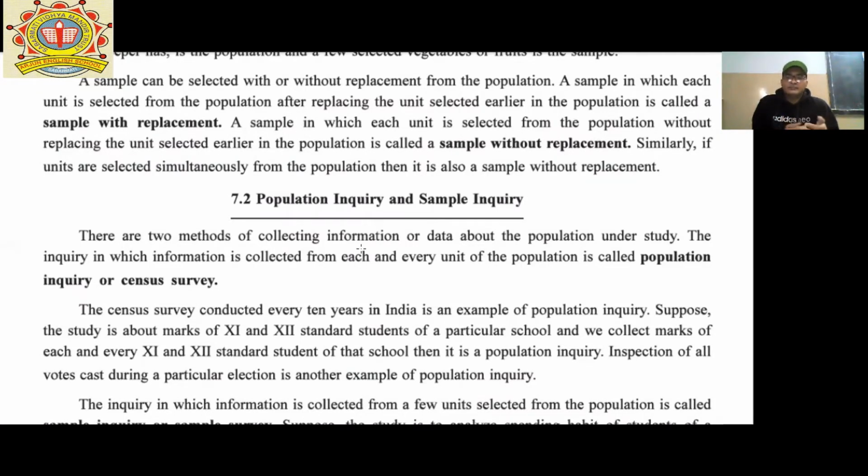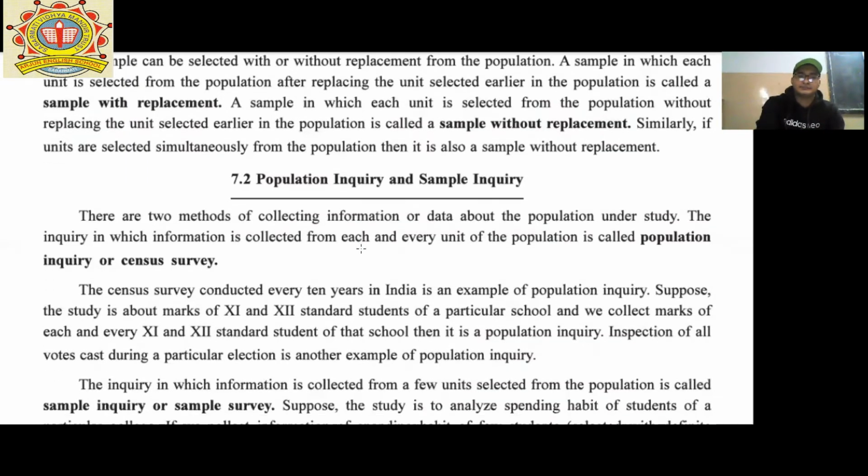After this, I get certain points and a theory based on certain evidence. So here it is the population inquiry, where I inquire about those selected from this population. Got it? It is also called census survey.